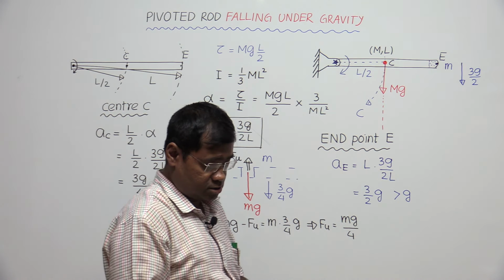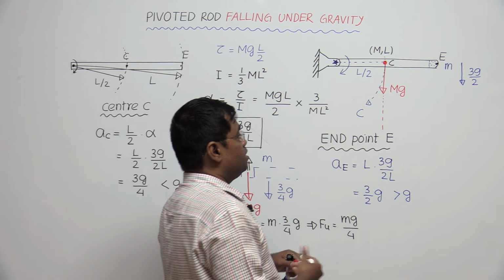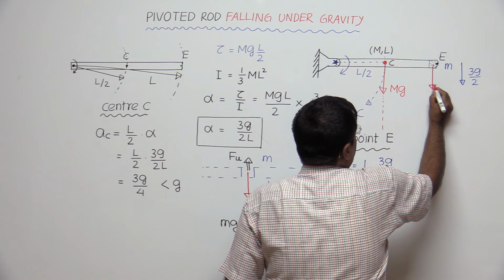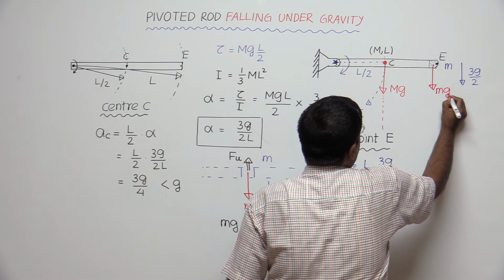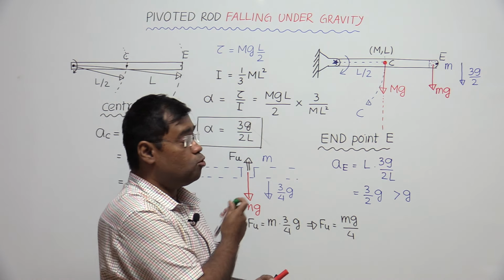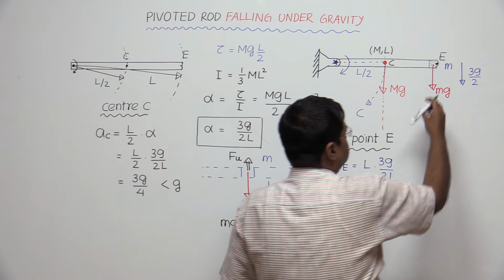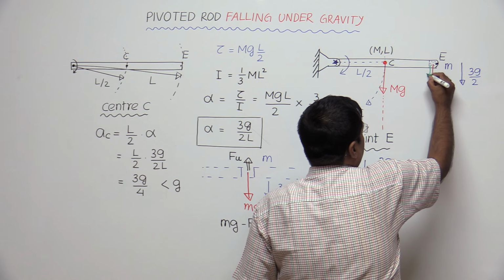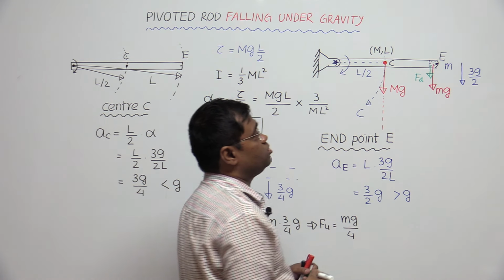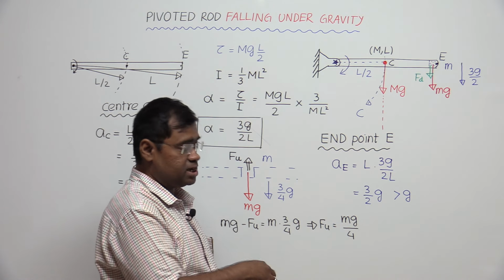So, therefore, students, we can say other than its own weight, that is mg, there must be some additional downward force, so that its acceleration is more than g. So, we can expect another force, suppose Fd downwards. So, we can find the force by writing the basic equation.